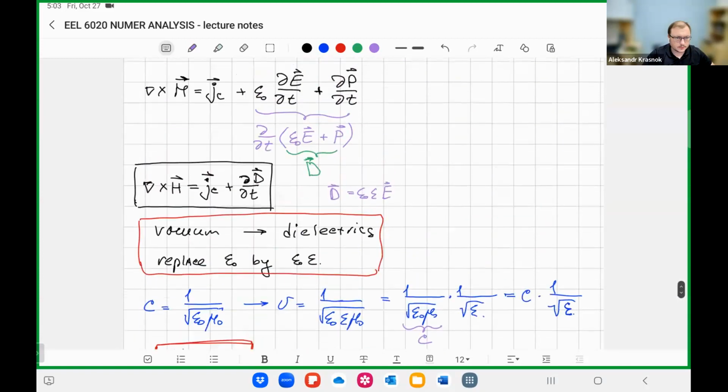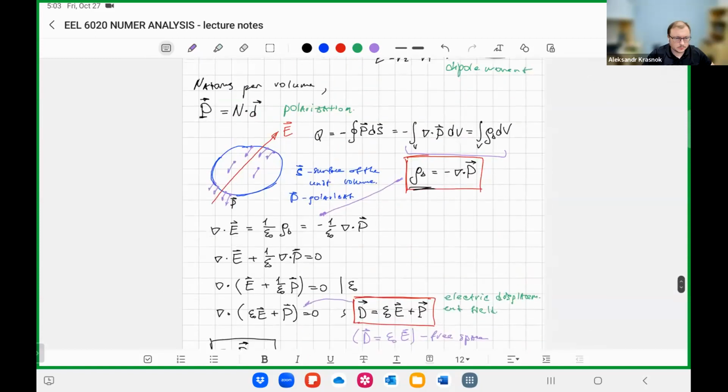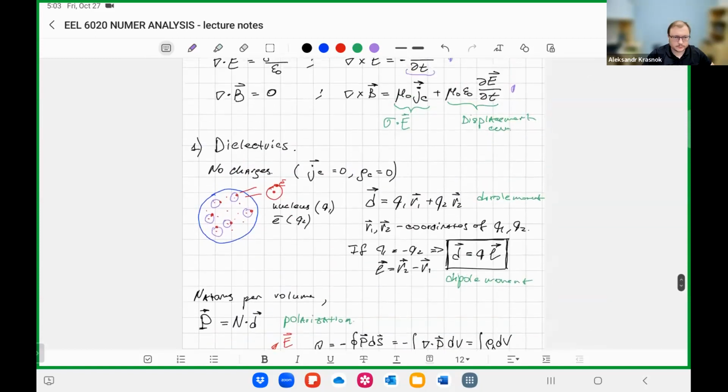As a reminder, first we discussed dielectrics, and dielectrics are media that can polarize due to the change of the state of the bound charges. The charges do not move through the material; they just deform.